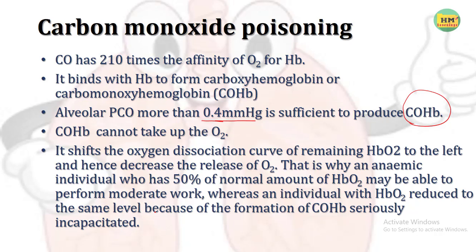Why? Because no oxygen is available to the cell. 50% carboxyhemoglobin cannot take up the oxygen, and the remaining 50% HbO2 is not able to release the oxygen because the oxygen dissociation curve is shifted to the left.